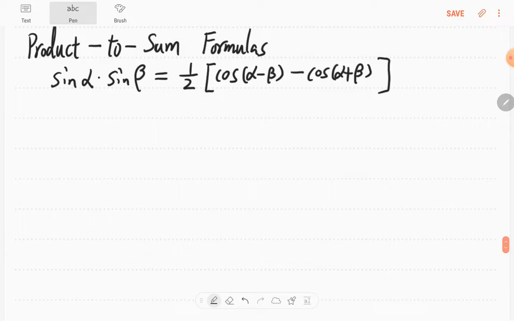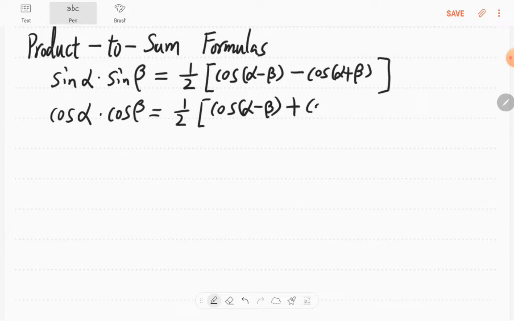So cosine alpha times cosine beta becomes 1/2 times cosine alpha minus beta plus cosine alpha plus beta.